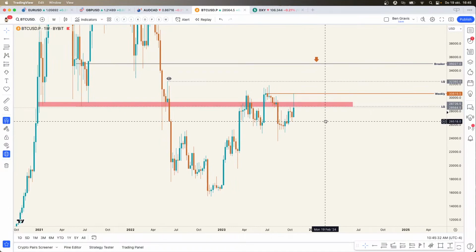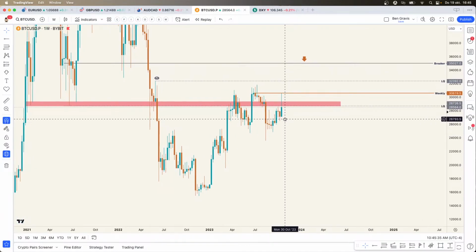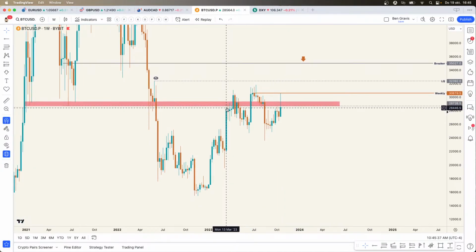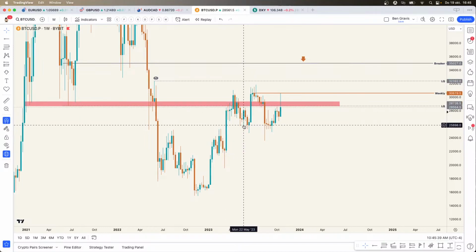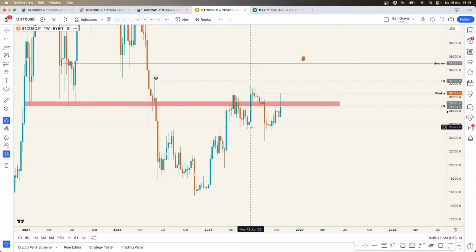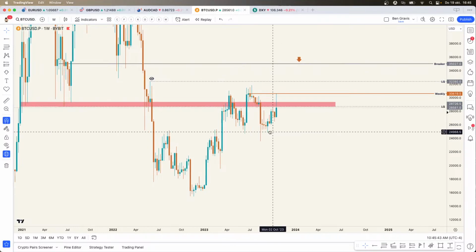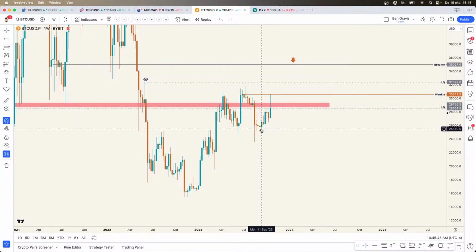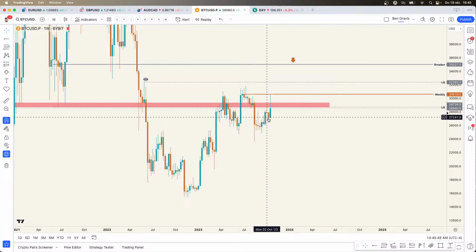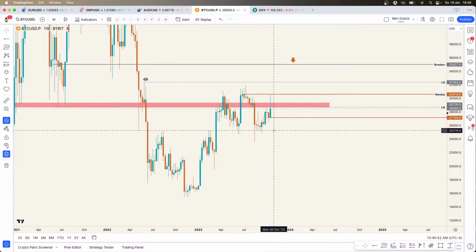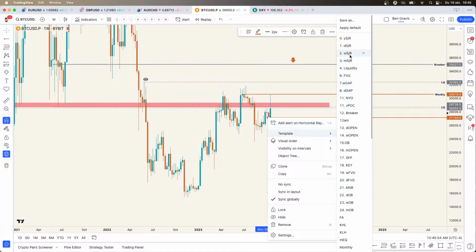If it does fall or reject to the downside, we do not have a break in market structure yet. It just wicks below. You have the higher high, higher low, higher high, a higher low. This will become a weekly level of support.